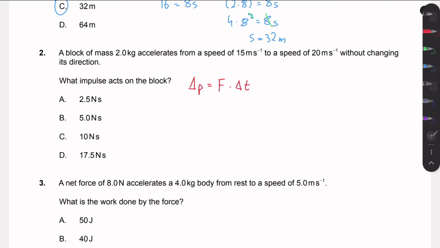This is one way to calculate it, but another way is simply mass times delta v, as at the end of the day, momentum is m times v, and the mass isn't changing. The velocity is changing from 15 to 20, so delta p will just be the mass of 2 times final speed minus initial speed, which will give us 10.